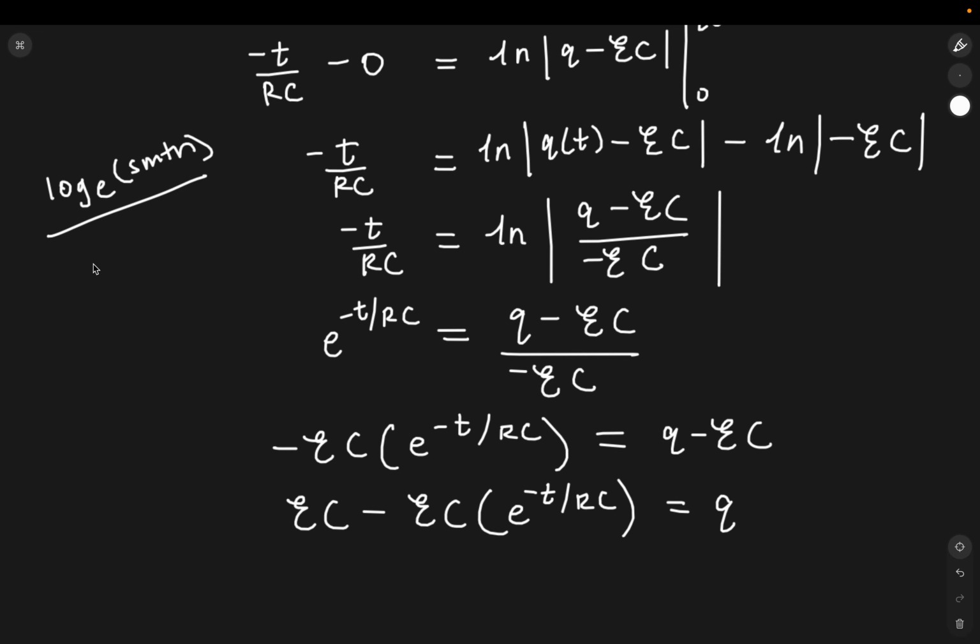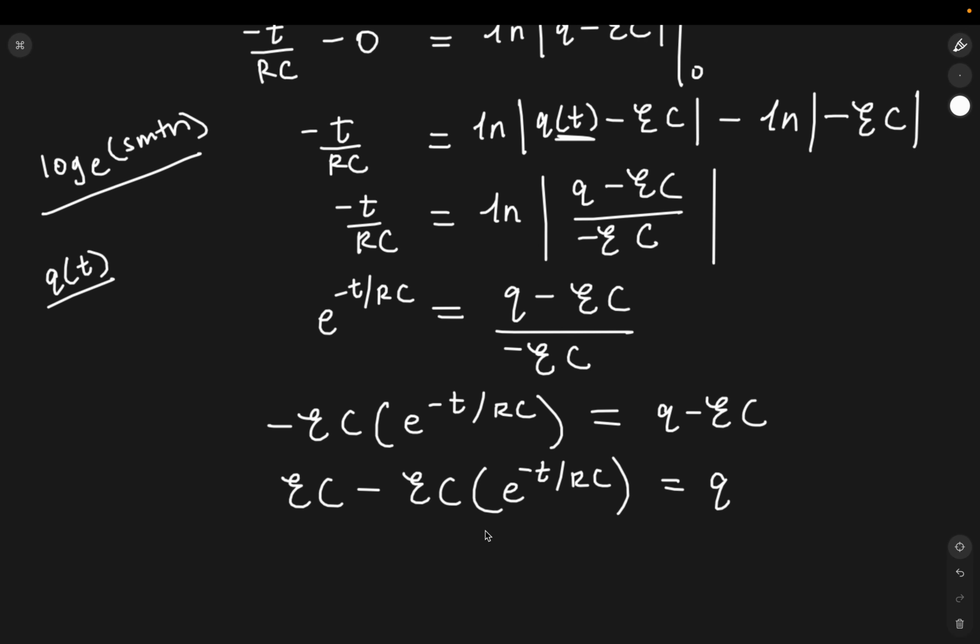And you might have noticed that I dropped writing q of t. Q is still a function of t. It's just cleaner in the context of the equation to write q, which is why we dropped writing our q of t.